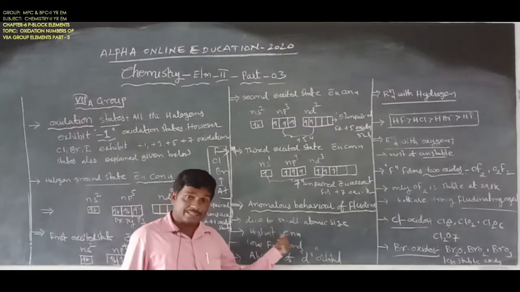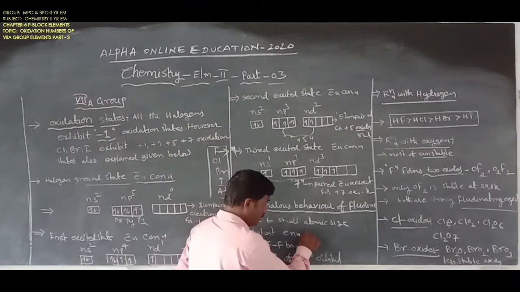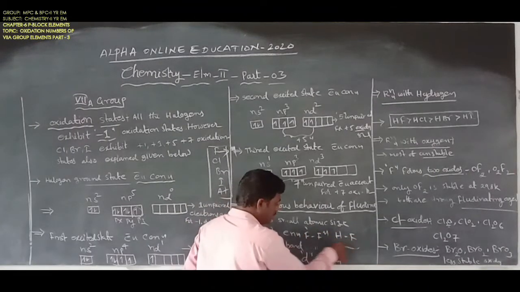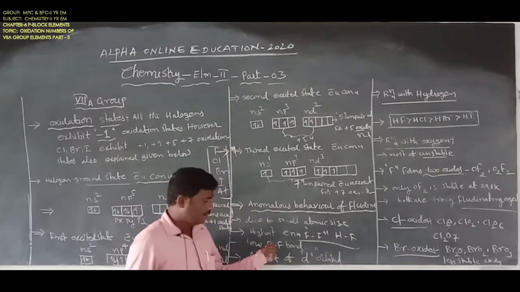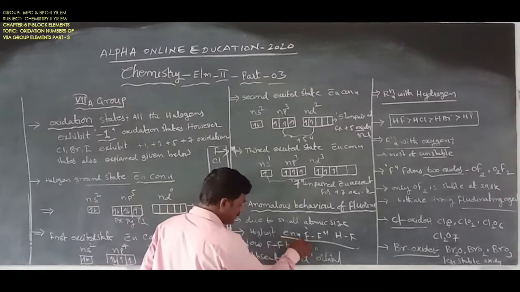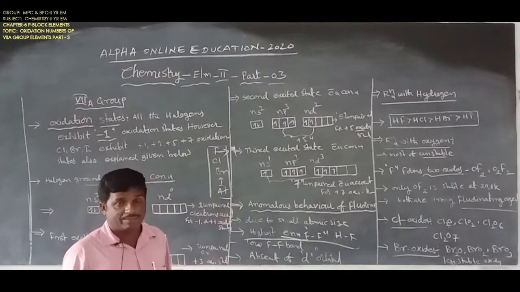Next is the bond enthalpy: the F-F bond has a low bond enthalpy. Next is the high electronegativity, the highest electronegativity in the 7th group elements.